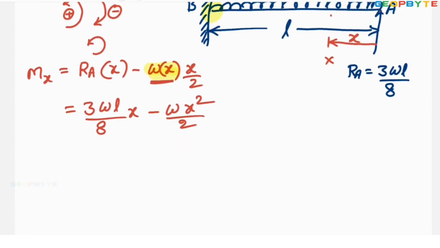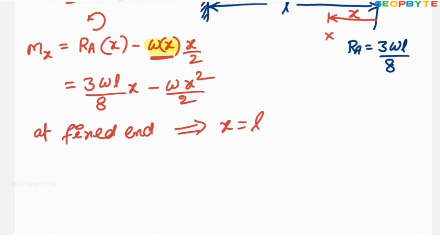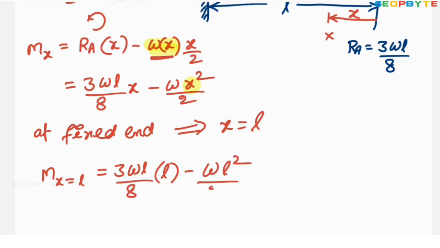You are asked to find the bending moment at the fixed end. At the fixed end, x becomes L. Therefore, M at a distance of L is equal to 3WL by 8 into L minus W into L square by 2.